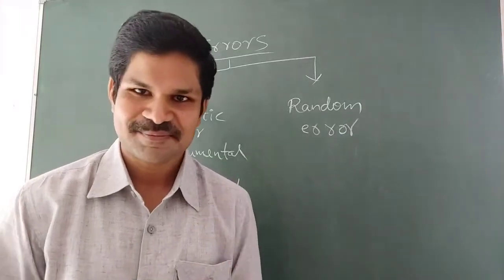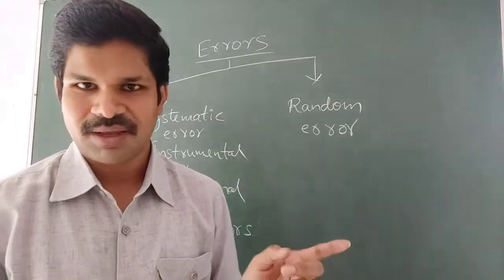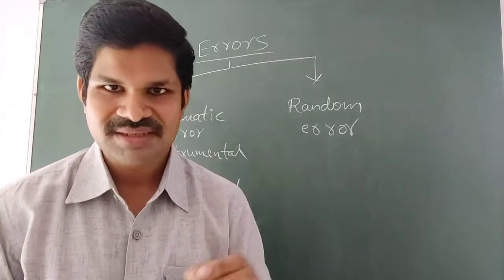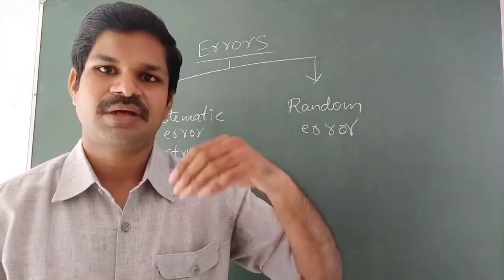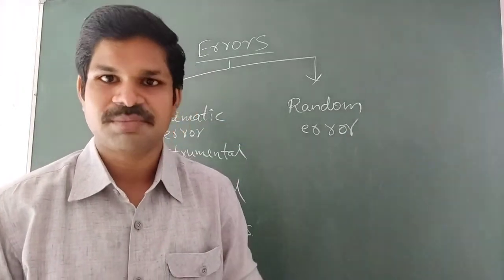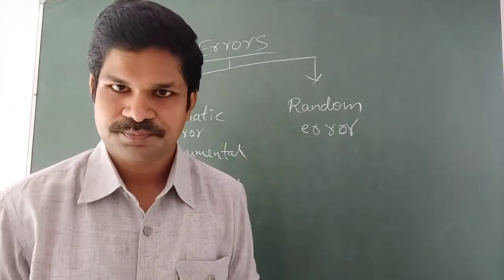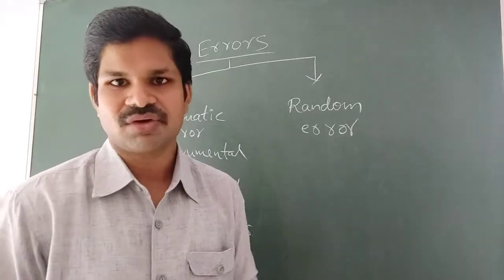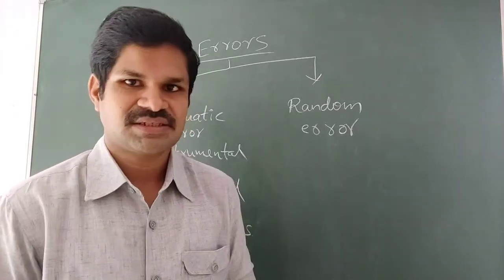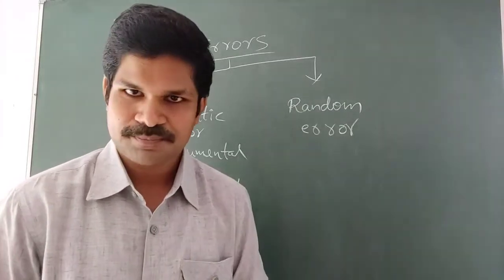In systematic errors, whatever the error may be, it will always have some cause. There may be some defect in the instrument, in the conditions, or a human defect. But in random errors, there may not be any reason for getting the errors. It will come randomly.